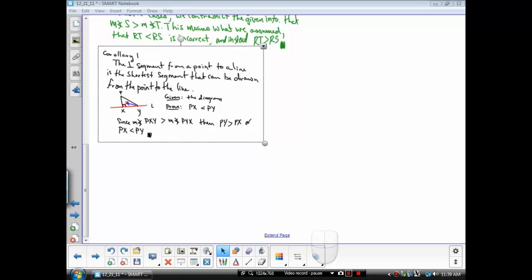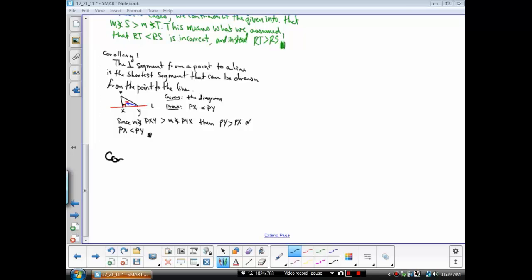Corollary 2 now says the perpendicular segment from a point to a plane is the shortest segment from the point to the plane. It is the same statement as corollary 1, but using three dimensions.